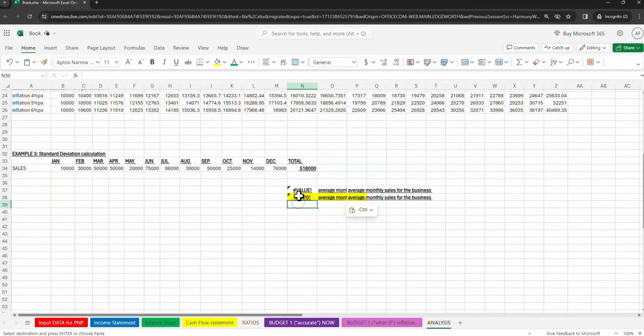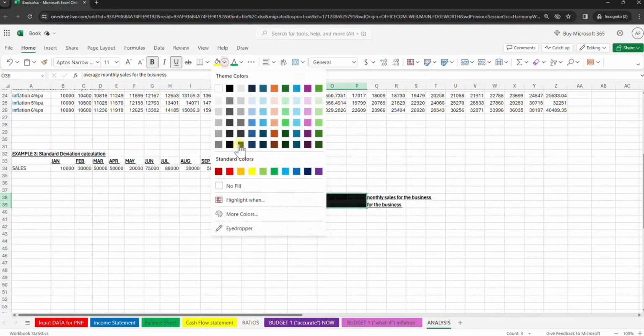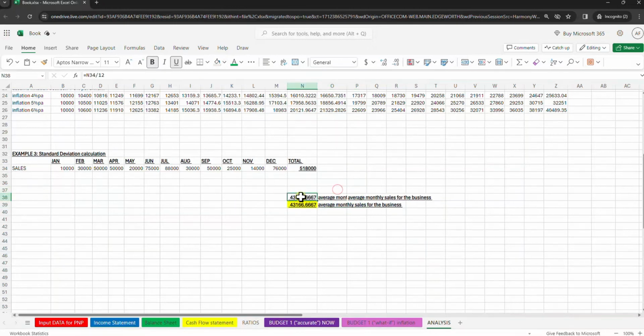Let's try that again. There we go. So this is being calculated using that figure, column N, row 34. This is looking at the average for all of these amounts, B34 all the way through to M34. So you've got those two figures.